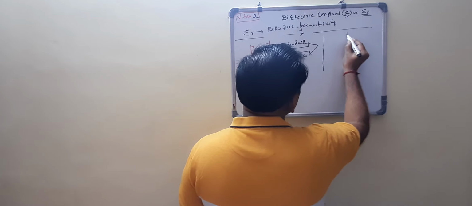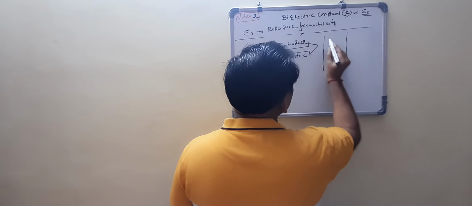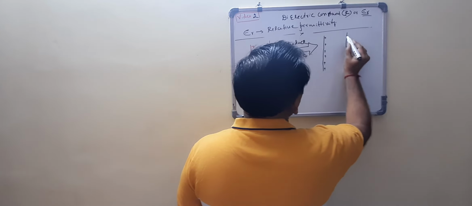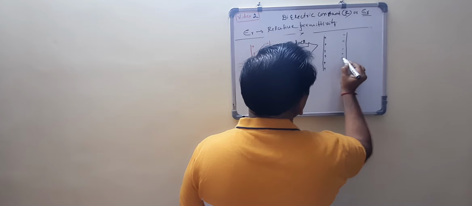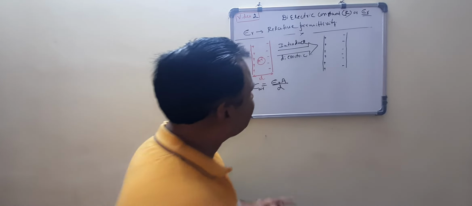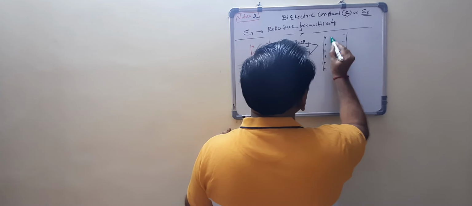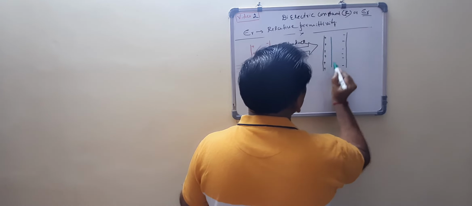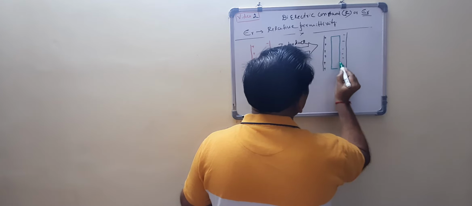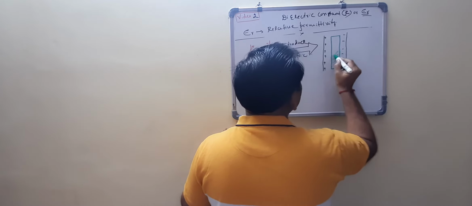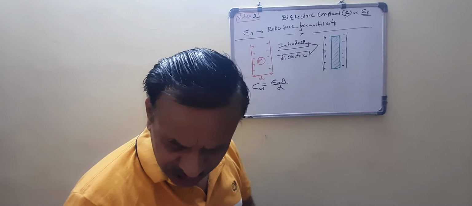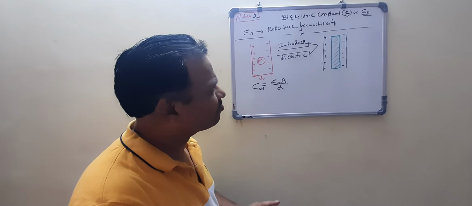The distance between the plates is the same. This is positive and this is negative. Now I will place a dielectric material. Dielectric material is nothing but what I told you, insulators.